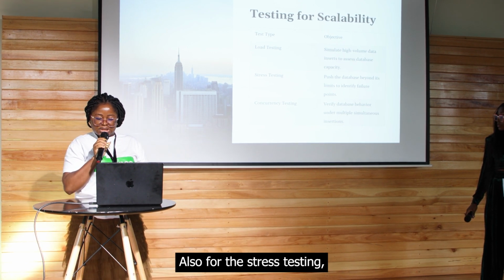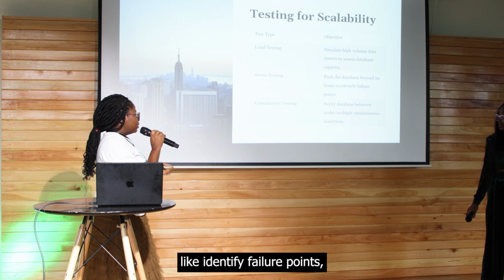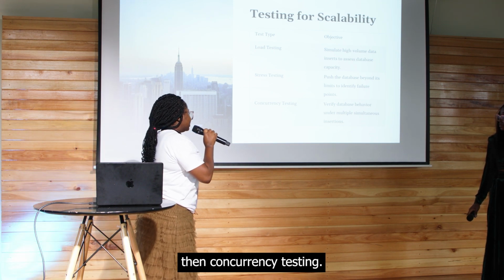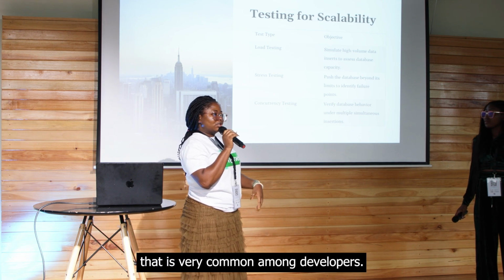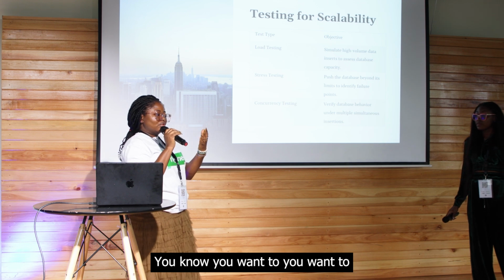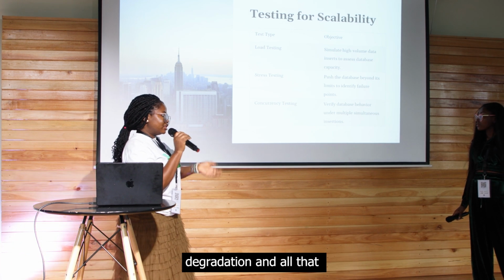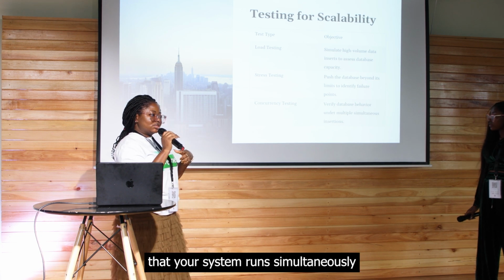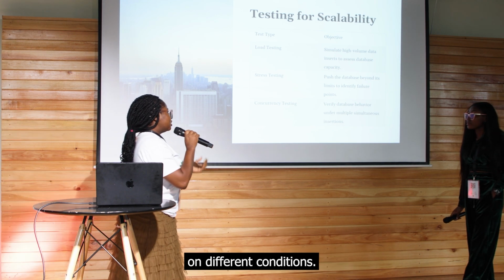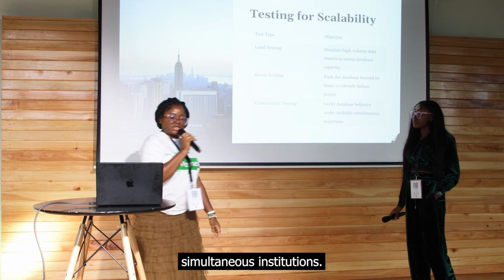Also, for stress testing, you push the database beyond this limit so as to identify failure points. And then concurrency testing. Concurrency is something that is very common among Go developers. You want to mitigate against issues like race conditions, deadlock, performance degradation, to ensure that your system runs simultaneously under different conditions. So verify database behavior under multiple simultaneous insertions.